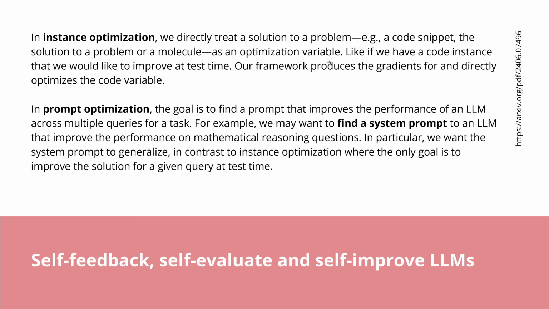And this is the nice thing here. Like if we have a code instance that we would like to improve at the time, this new framework produces here the gradients and directly optimizes here the code variable. So you do not have to limit yourself to the prompt optimization, but you can go for any optimization variable of the system if you can describe it and if the system understands it.